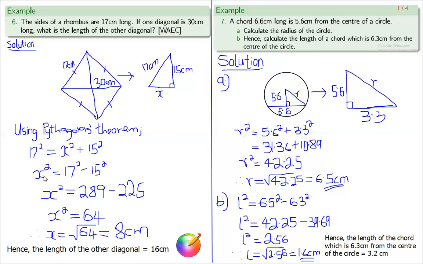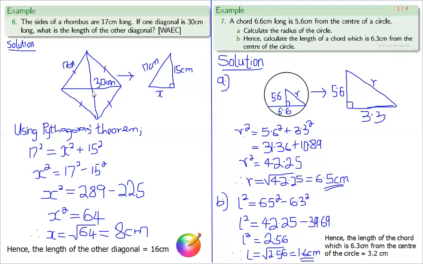Collecting like terms, x squared equals 17 squared minus 15 squared. x squared is equal to 289 minus 225. That is x squared equals 64. Therefore, x is equal to the square root of 64, which is 8 centimeters.